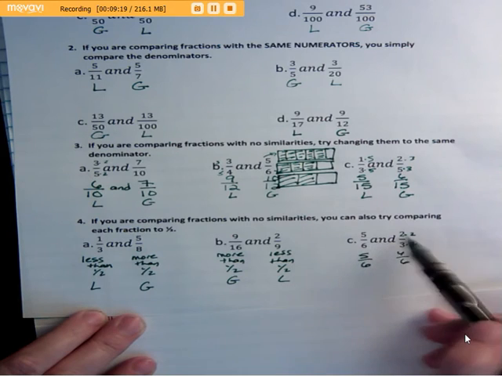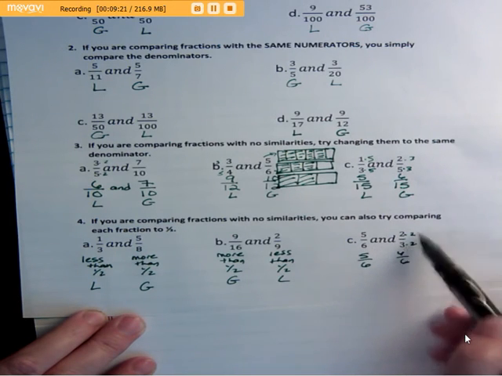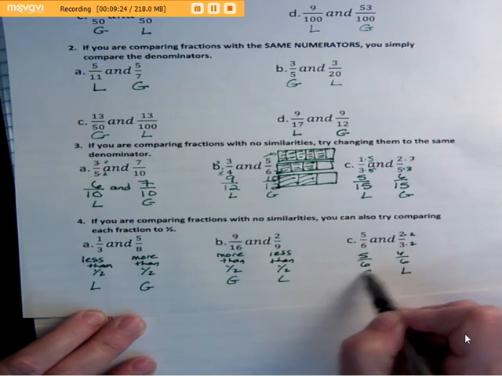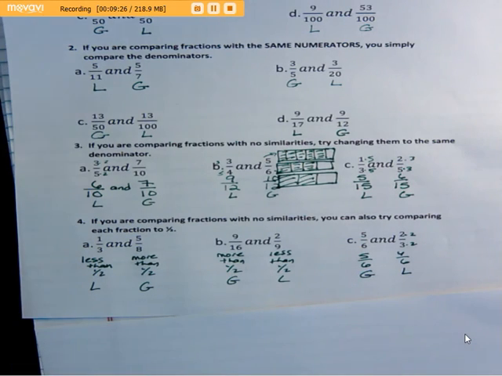I'm missing a smaller chunk and I'm missing a bigger chunk. If I'm missing a bigger chunk, it's a smaller fraction or lesser value than if I have a greater one.